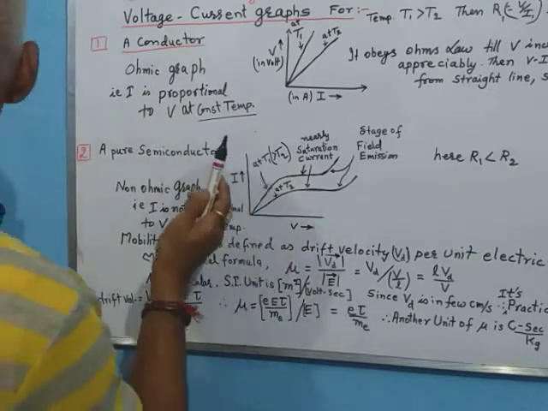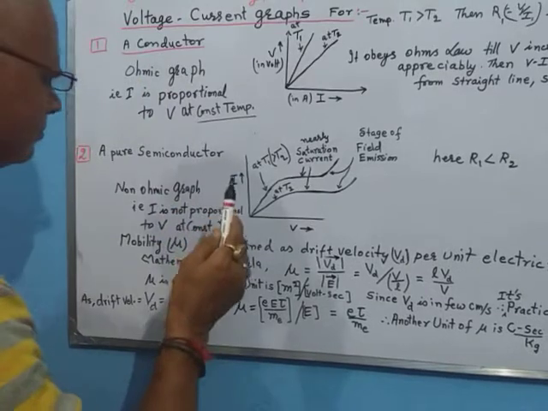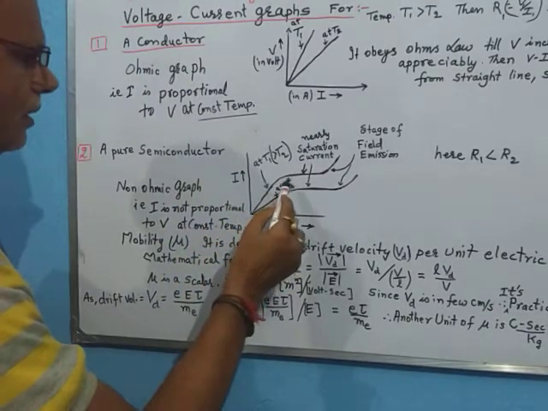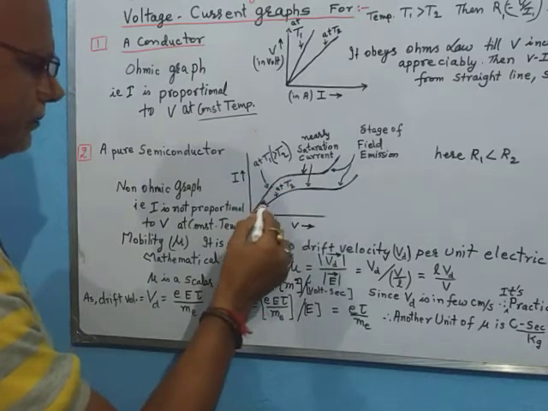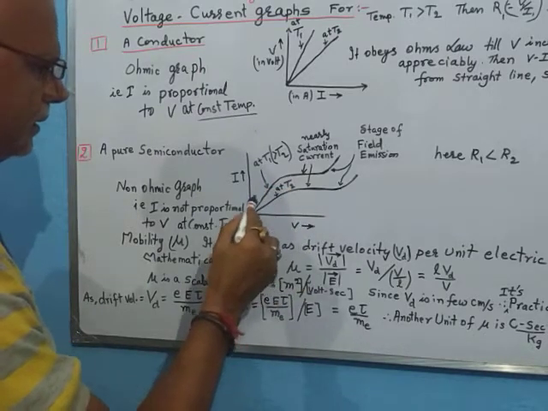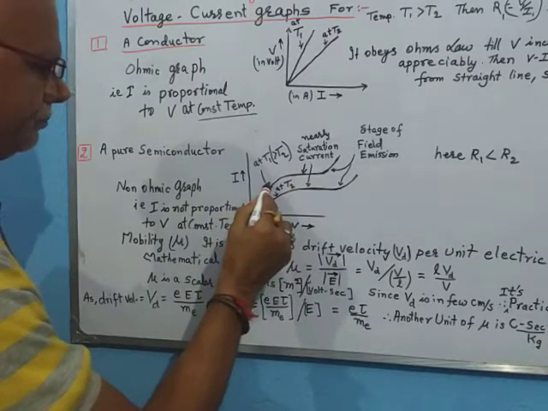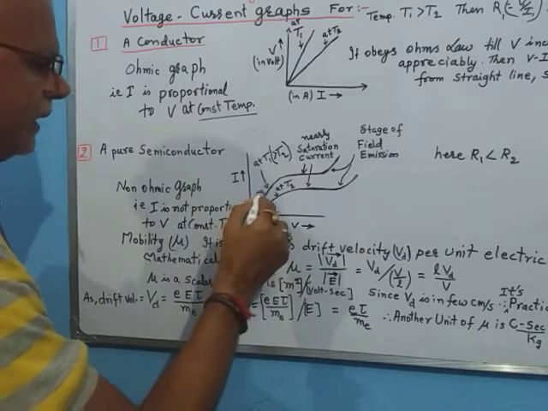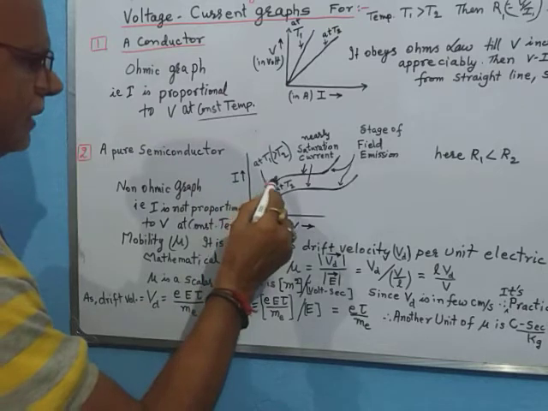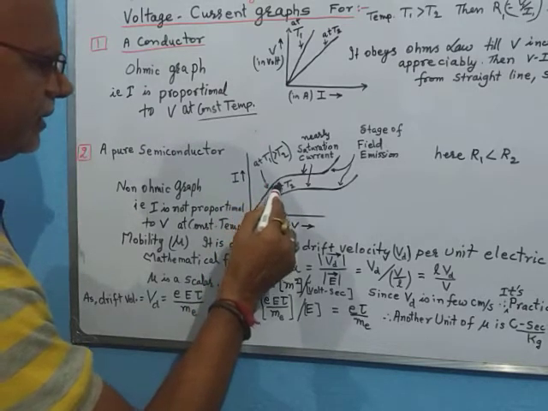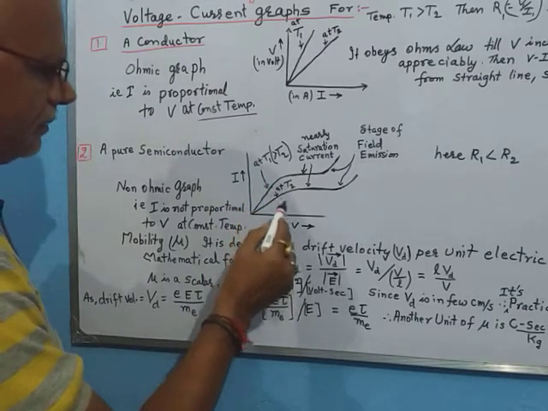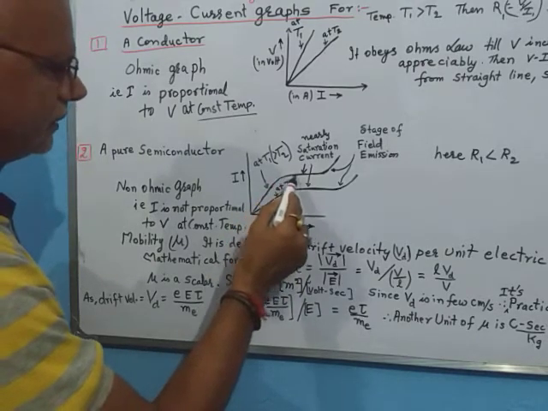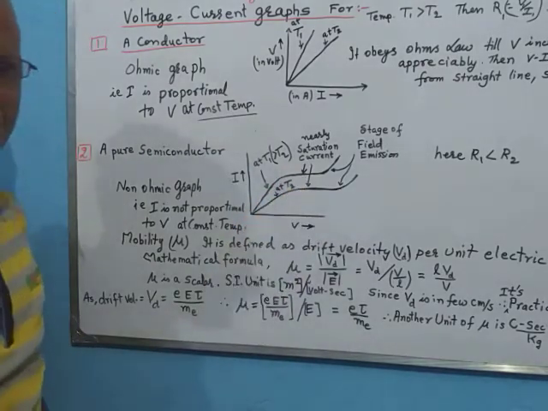But you see that when we increase the voltage, the current increases slightly, of course to a great extent linearly, but after attaining a certain value of current, the current becomes nearly saturated.